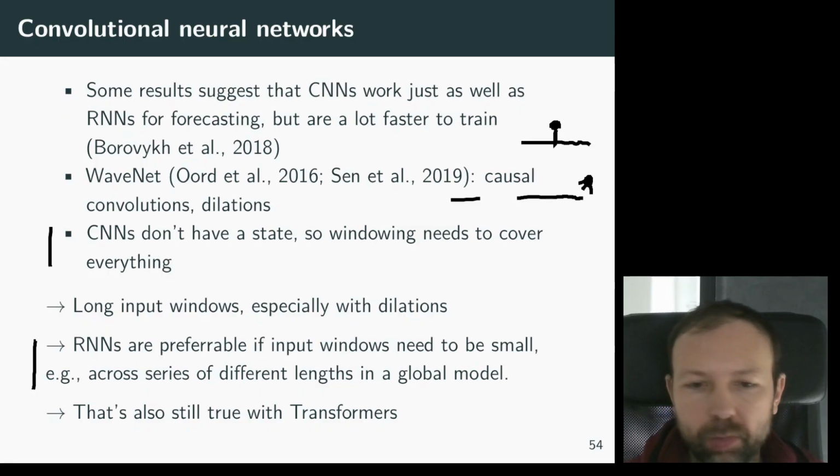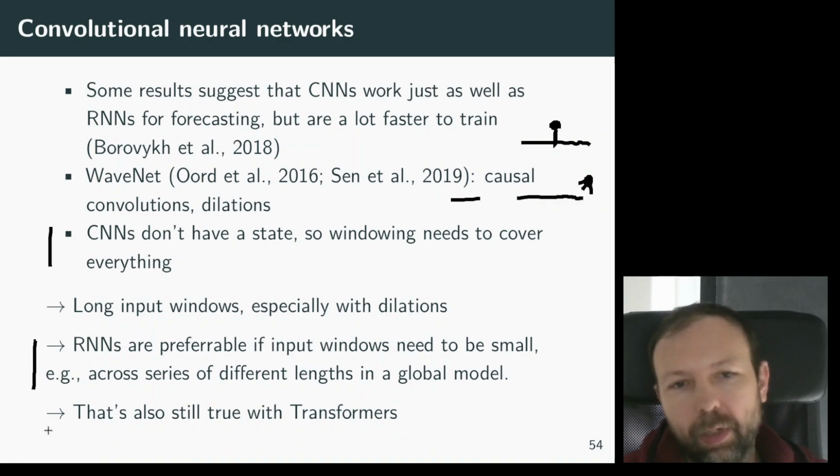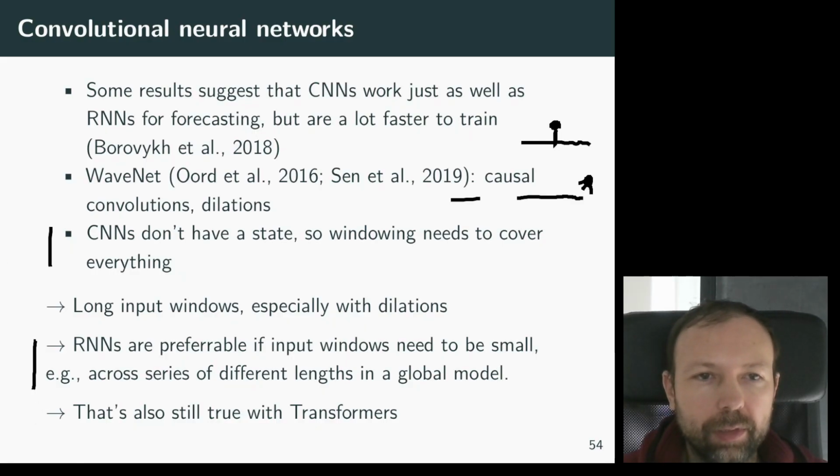Now you have some households where you have 10 years of data, households where you have 3 years of data, and households where the people just moved in and you have 2 weeks of data. So how do you train all of that with a CNN? You need to find one window length that fits for all of them. Whereas with an RNN, you can say, okay, we use a small window length of 1 week, but then the state can do the rest. With CNNs, of course, you can do padding and so on, but in these situations, RNNs can be preferable. And that is still true with transformers, right? They also need to fix an input window length.